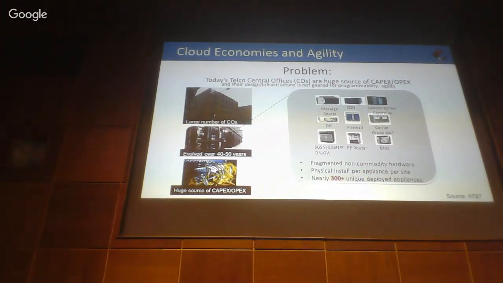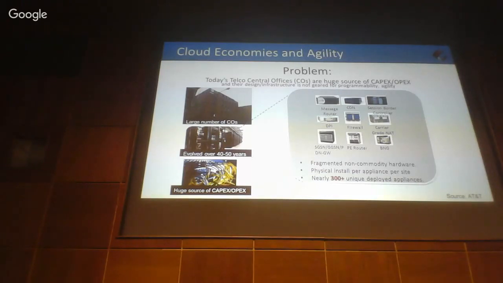It has super high capex and opex. It's just very complicated to manage, and it adds to the complexity of operating the network. And so the idea here is to move away from that infrastructure and commoditize this hardware.